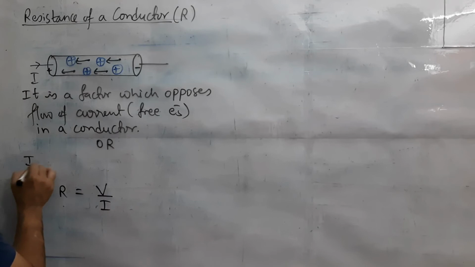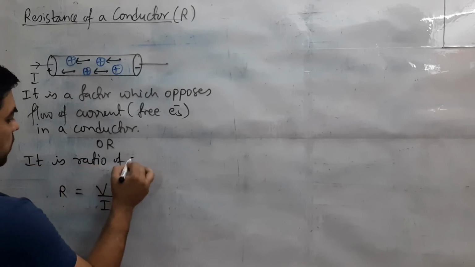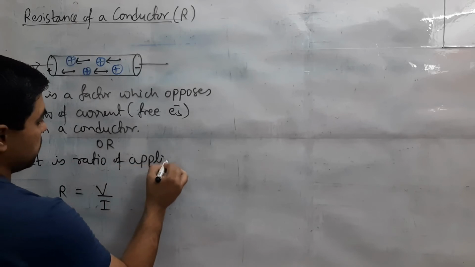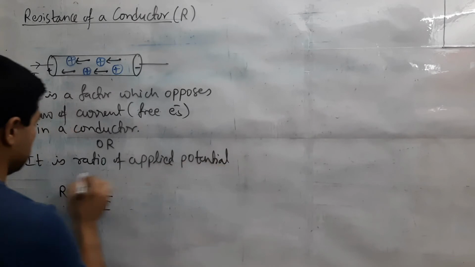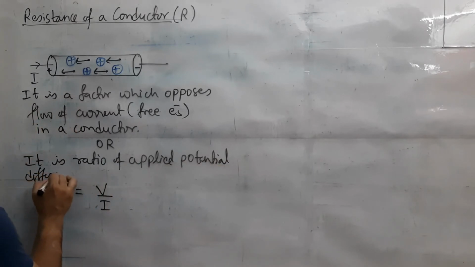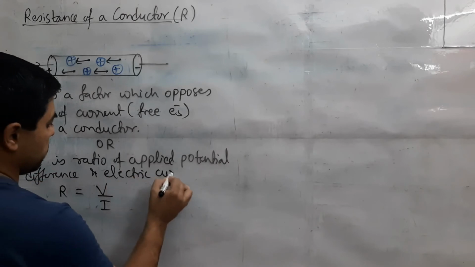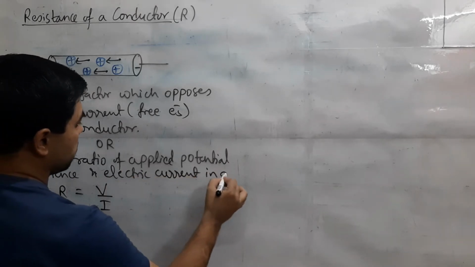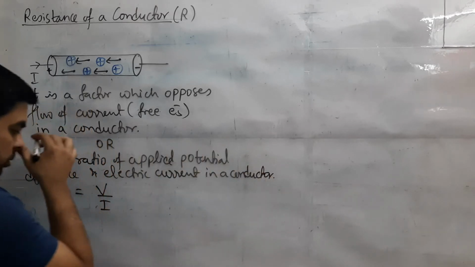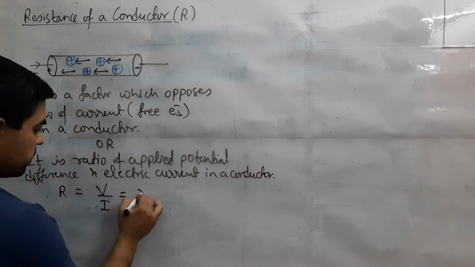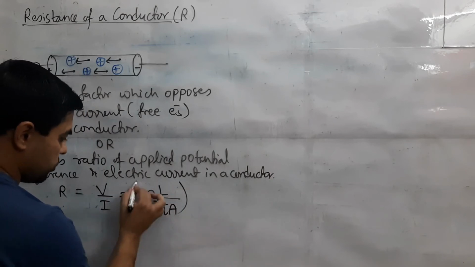So we can write it in this way also: it is the ratio of applied potential difference and electric current in a conductor. So R is equal to V upon I, and the actual formula is ml upon ne squared tau A. This is the actual formula.